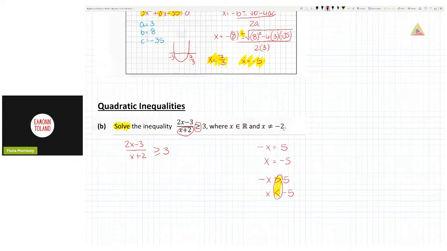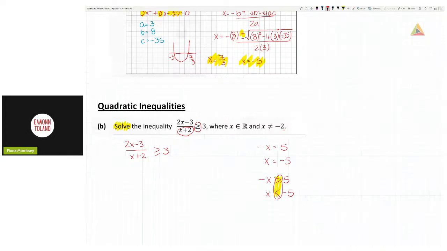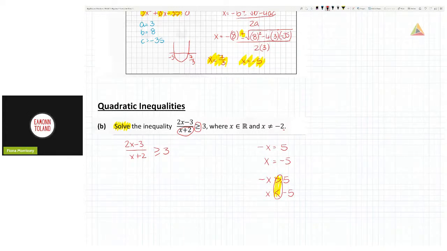So we can't just decide to multiply both sides here by x plus 2 because we're not sure if x plus 2 is positive or if it's negative. If x, for example, was -3, then x plus 2 would be -3 plus 2, which would be -1, which essentially would then be me multiplying across both sides by a negative number.